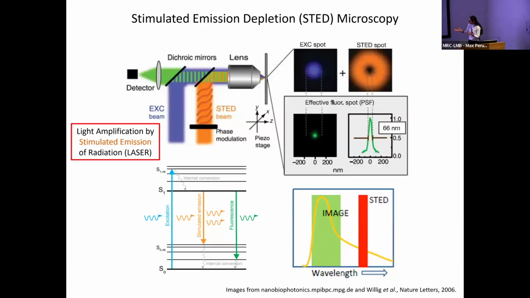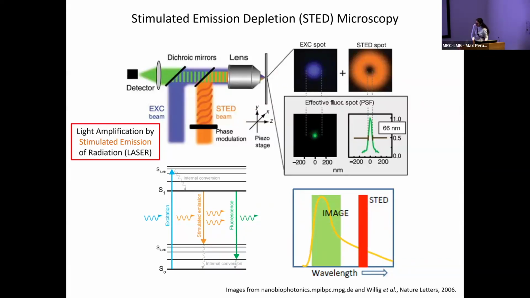So it's not a regular fluorescence emission. You're just pushing an emission of a photon that the microscope doesn't see, because the STED donut has a higher wavelength than your emission. So you are removing basically that tail of fluorophores, and you only observe the fluorescence at the middle of this spot.